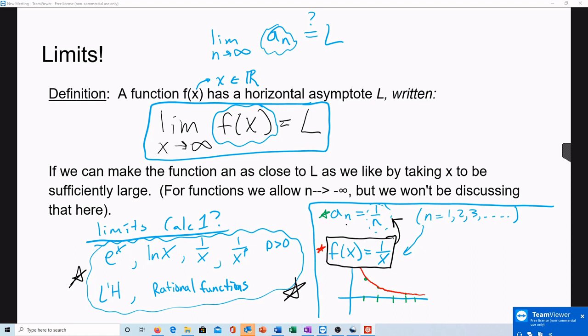So you can use all of those tools, but you first need to find a function that fits your sequence. They have to match here for every single value of n that you could plug in. No, I'm not going to make you show that that's true, because it's the obvious choice in every choice I'm going to give you. So you don't have to prove that these two functions match each other, but you do have to be able to just make that step.